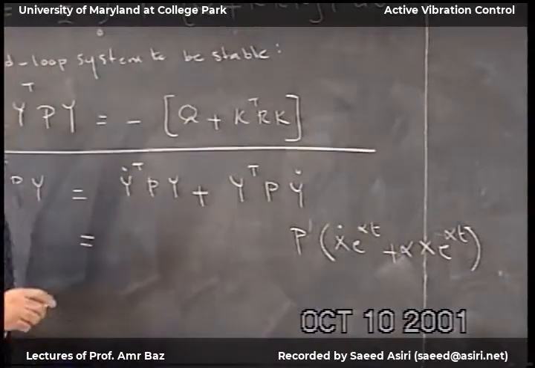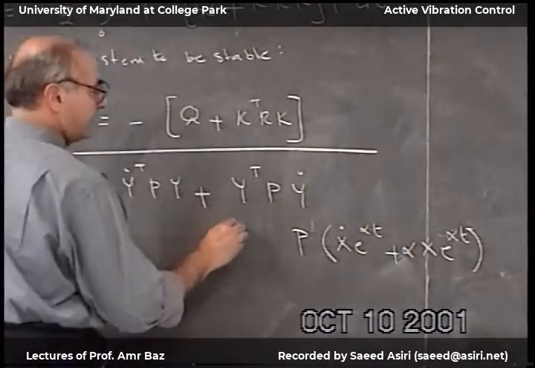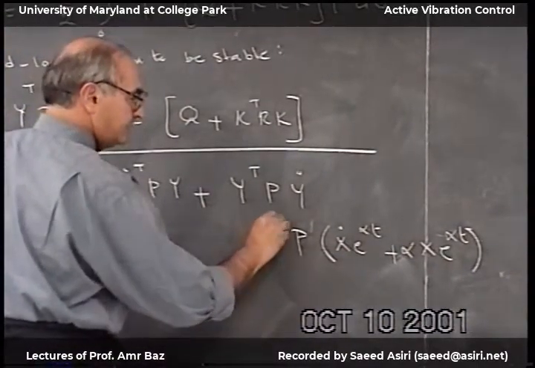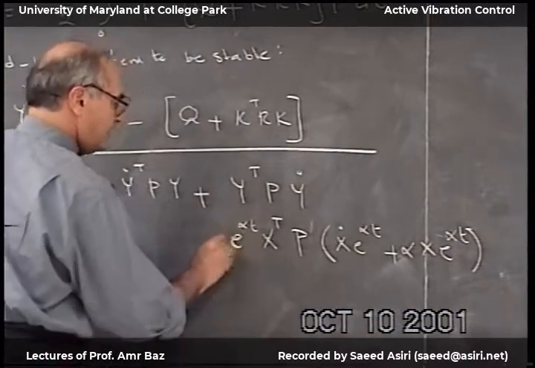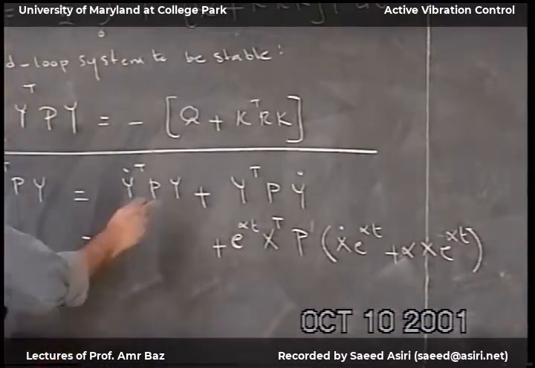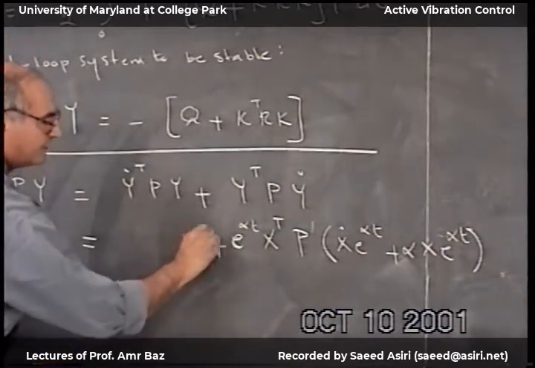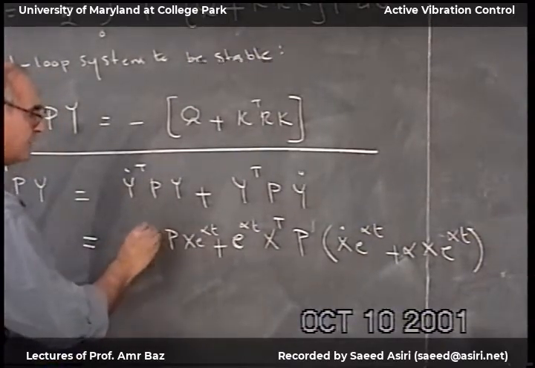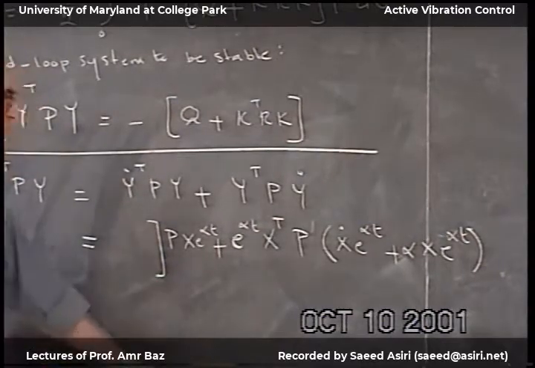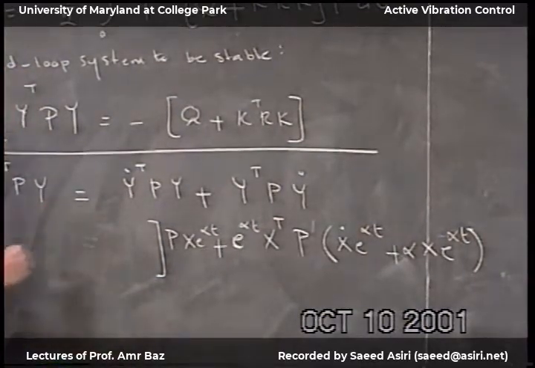And then this y transpose is x transpose e to the alpha t. And then the same story here. This is x e to the alpha t times p. And then the first part is two parts.